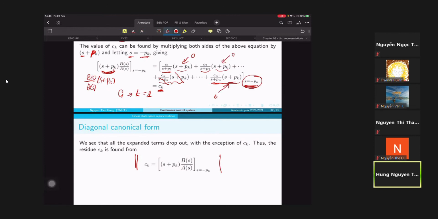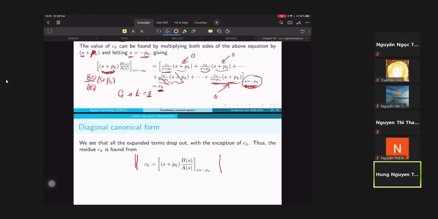In the second one, it's still similar. We multiply by s plus 10, so we eliminate s plus 10 and put s equal to minus 10, and we got minus 8 divided by 90, and we got minus 4 divided by 45. Okay, good. And the last one is this.